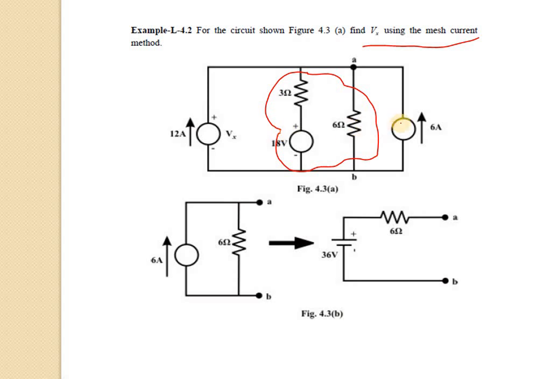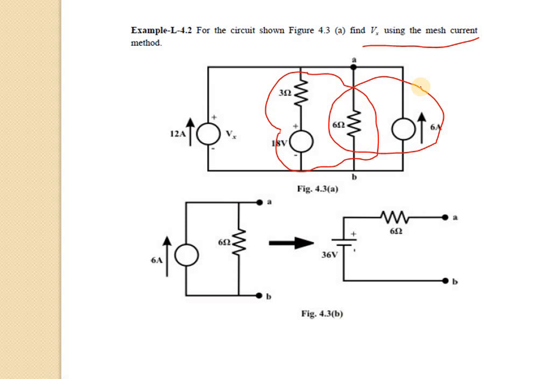In another way, this current source is connected with this parallel resistance. For easier calculation, as I have already said, always try to convert the current source into a voltage source. So here we will convert that current source into a voltage one.